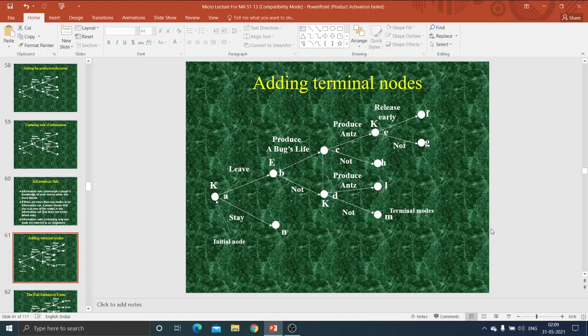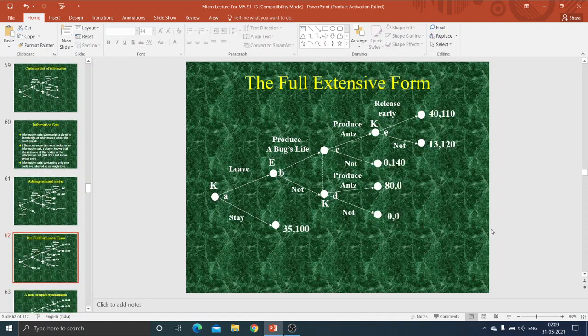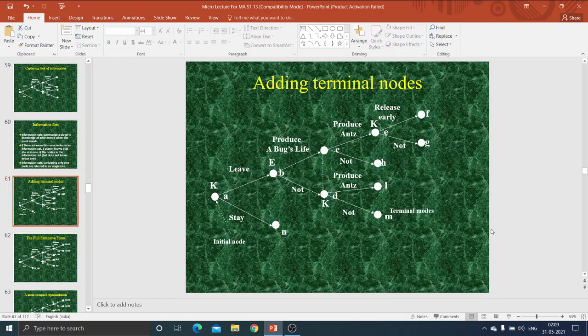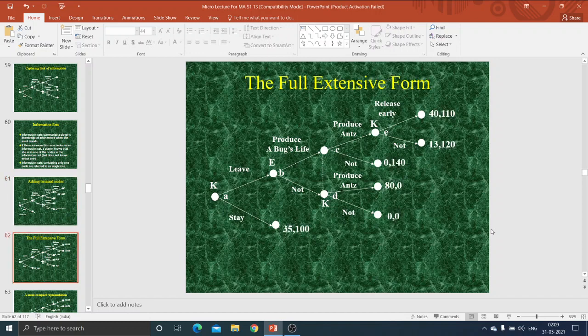Now if you produce, then you have another possibility of releasing early, or not. So there are other extensive possibilities which we can incorporate. Simply, you can add some value. If you release early, you will get more money. If you are not releasing early, then you won't get that much money.